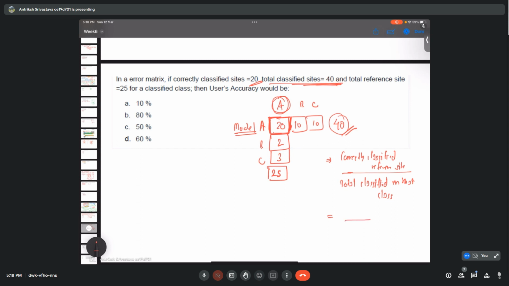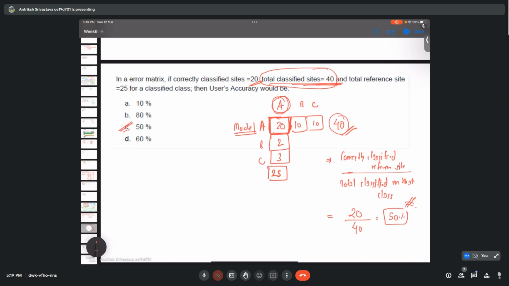Numerator and denominator. So numerator will be 20, correctly classified. Denominator will be total classified in that class. As we have said, total classified in that class is 40. In that case, the accuracy will be 50%.